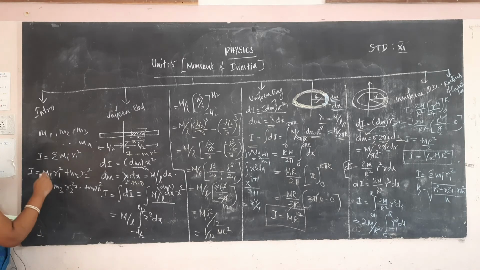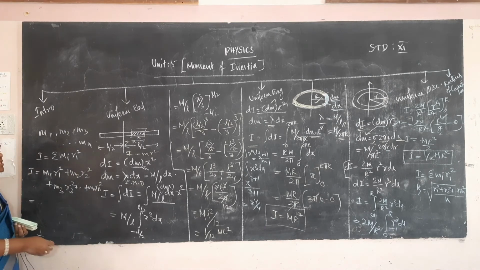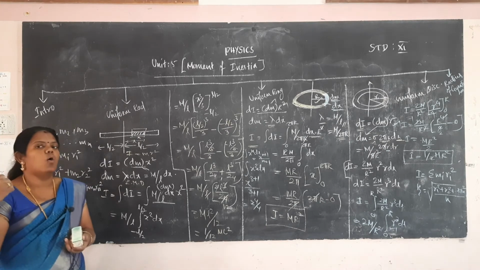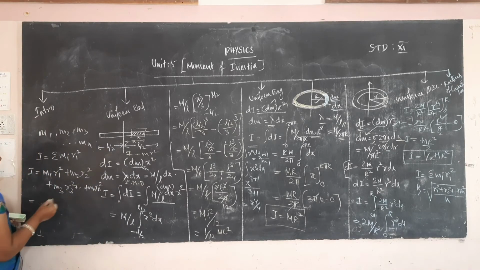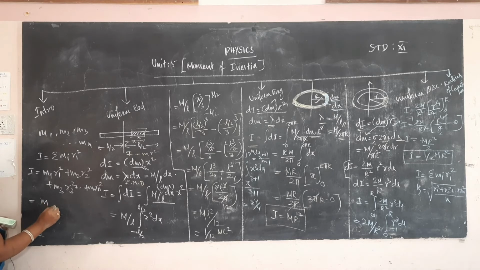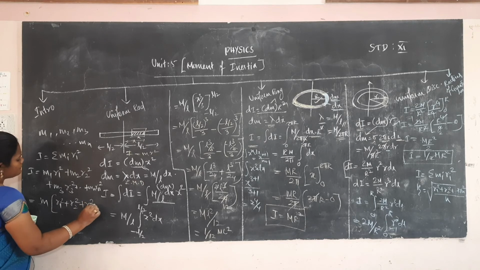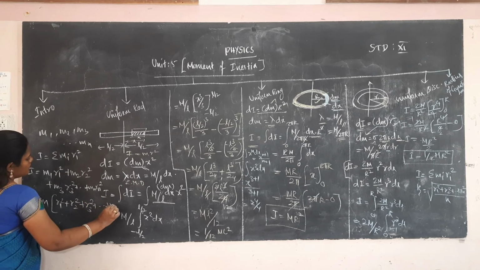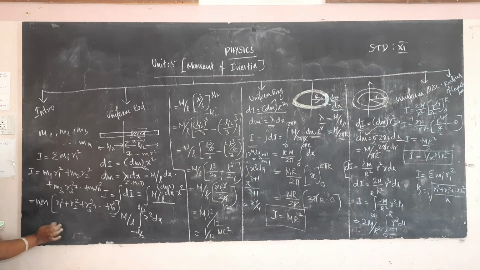Suppose all the particles have the same mass m. Taking m outside, I is equal to m times r1 square plus r2 square plus r3 square, up to rn square. All the particles have equal mass, and the number of particles is small n.